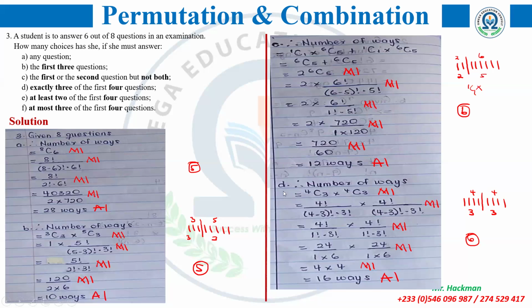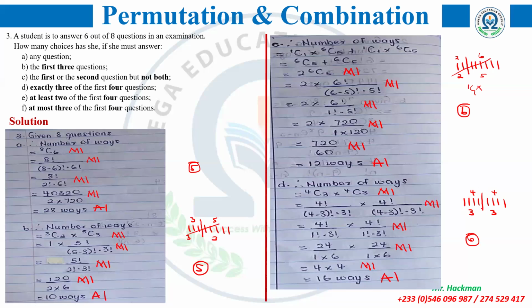At this point, we come to D. D, exactly 3 of the first 4. So it means the first 4 and the remaining 4. Please do this: if this happens to be a rock, don't forget to strike it out. Exactly 3 of the first 4 questions, and the remaining.